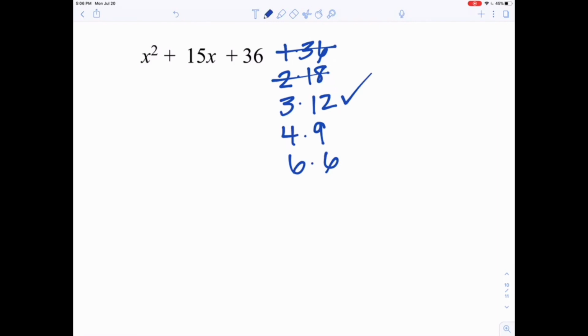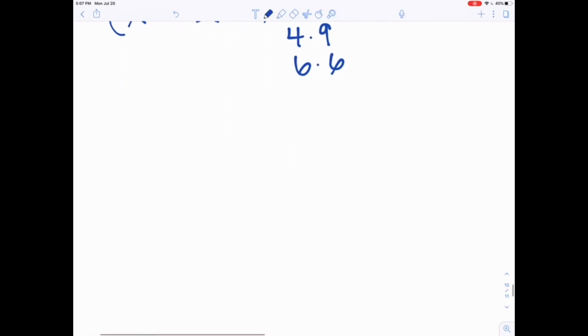There it is. So we do x and x plus 3 plus 12. And there we go. Okay, I hope you got that one.